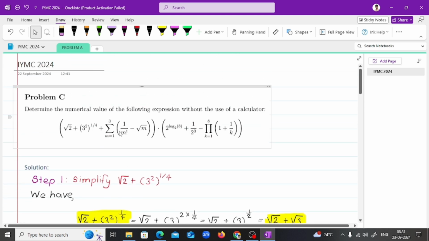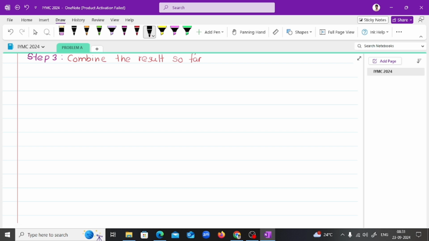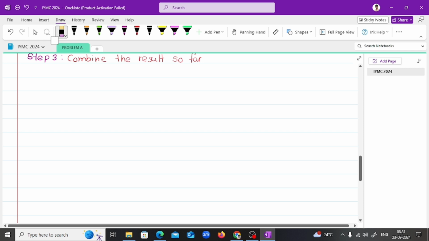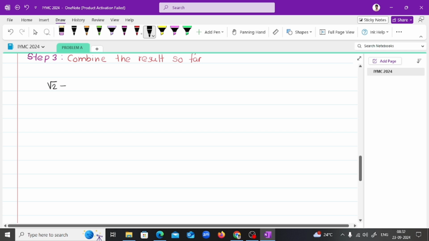So I will write down the first bracket again. It is square root of 2 plus 3 square raised to 1 by 4 plus summation m runs from 1 to 3 of, in bracket, 1 upon m factorial minus square root of m.